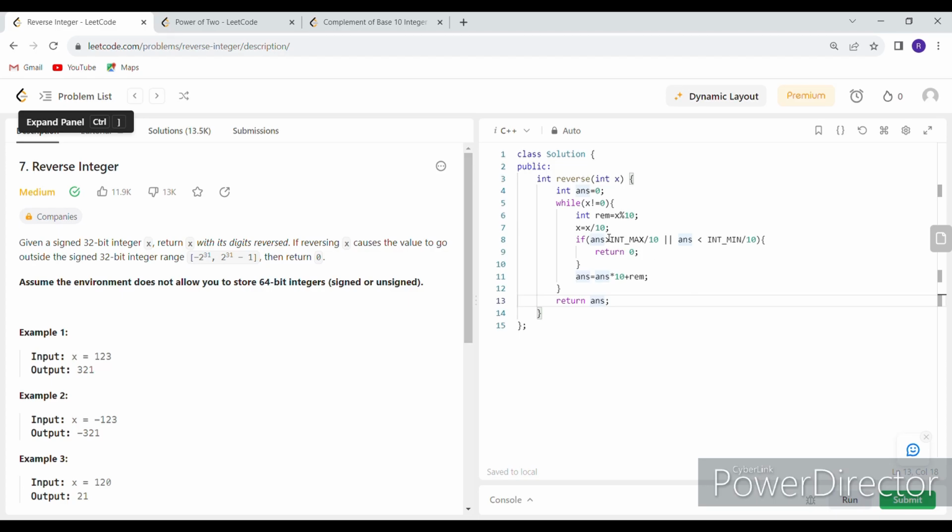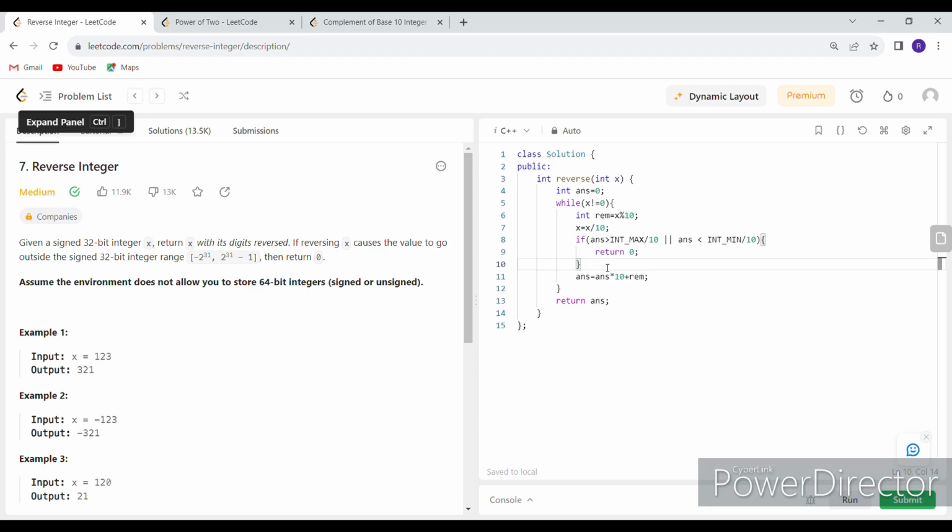This is how we reverse the number. Okay, and what about this statement? We need to add this statement so that it does not exceed the int max value, the maximum value which an integer can hold.